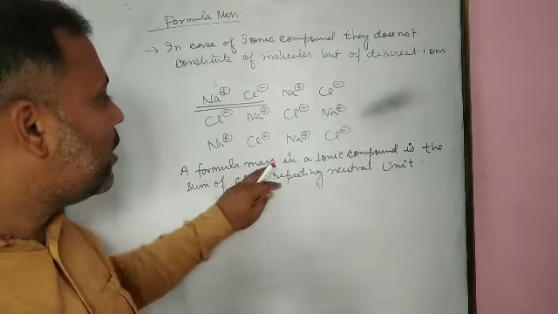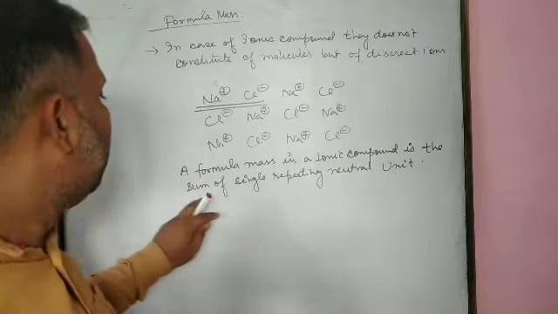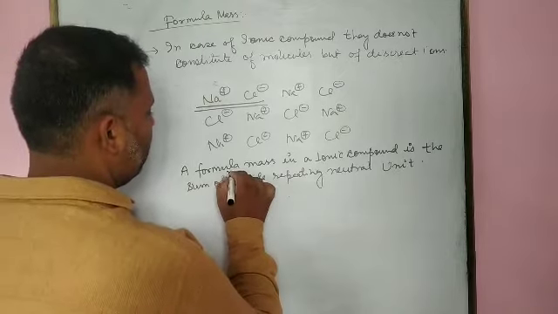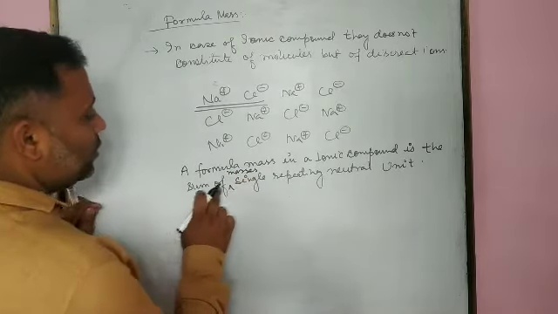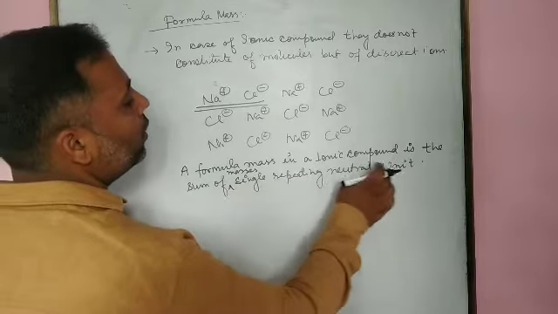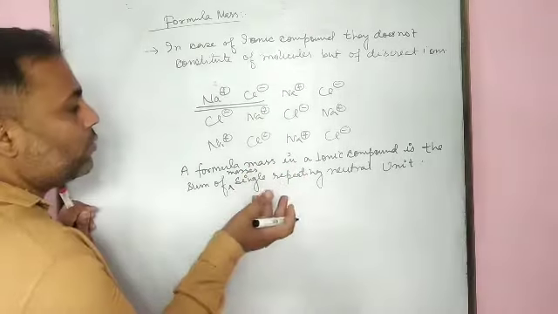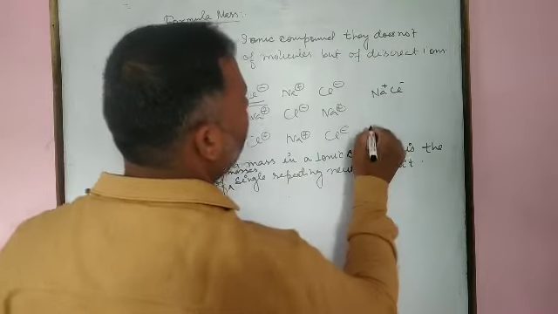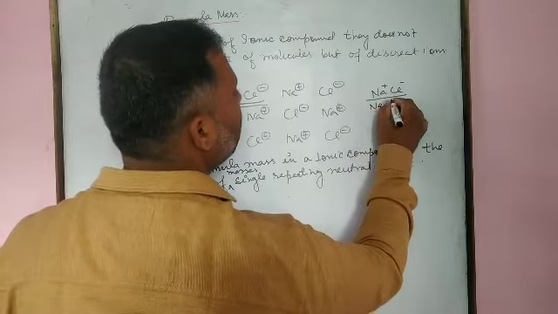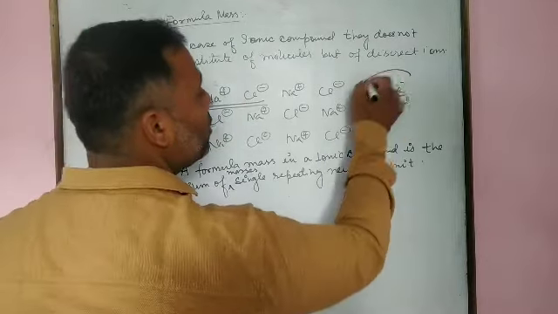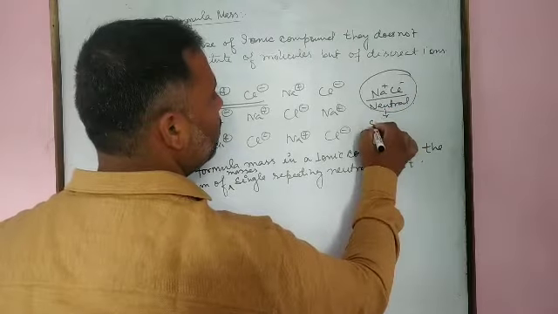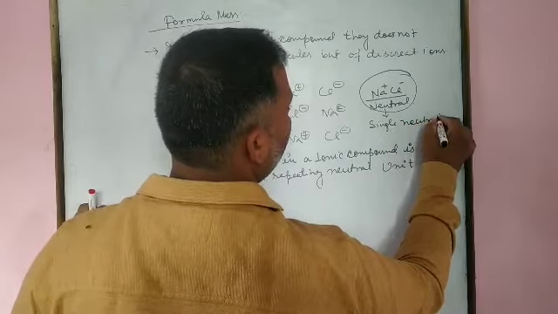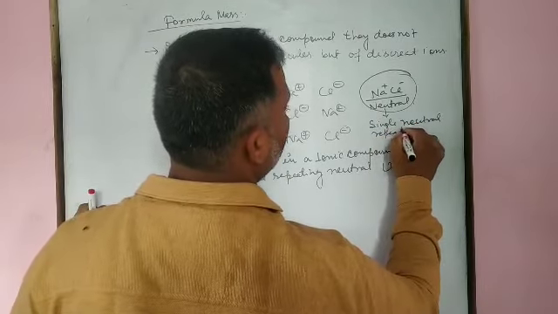A formula mass in an ionic compound is the sum of the masses of a single repeating neutral unit. What is the single neutral repeating unit?